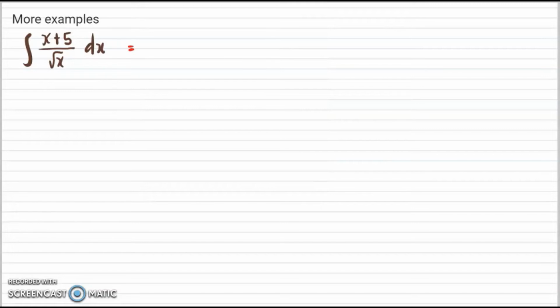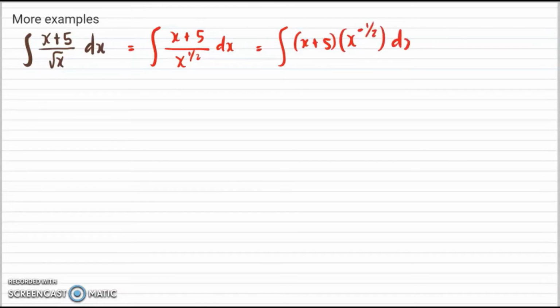We have the integral of x plus 5 over x raised to 1/2 dx. And then this becomes the integral of x plus 5 multiplied by the transferred x raised to 1/2. The 1/2 becomes negative this time. Then dx equals, now we distribute these two terms here.